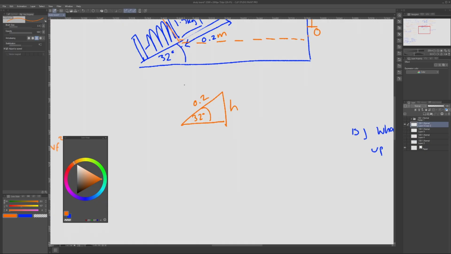So this is just basic trigonometry. 0.2 sine theta. This should give us 0.105 or 0.106 meters.